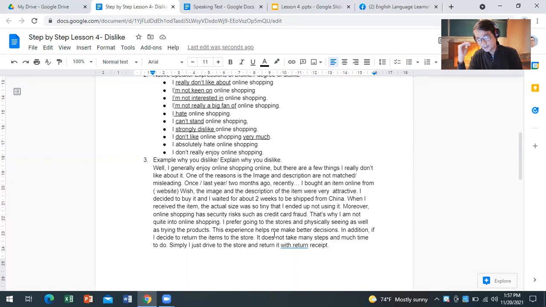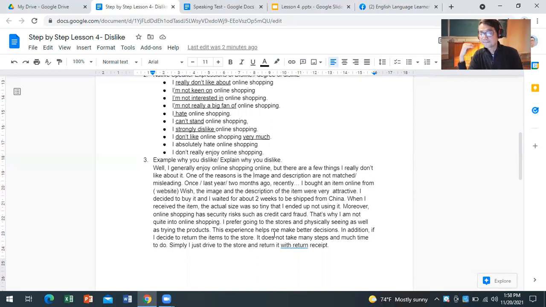Whatever you name, whatever you say, just explain a little bit more, right? You prefer going to the store. Why? Because going to the store helps you make better decisions, right? You can see the item, you can try it, the clothes or shoes, whatever, right?